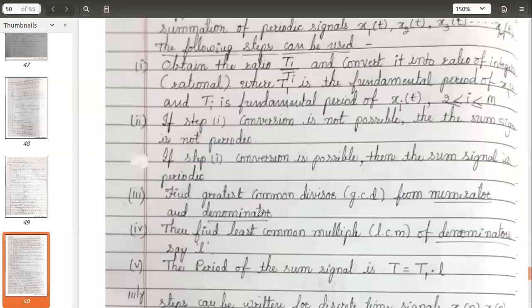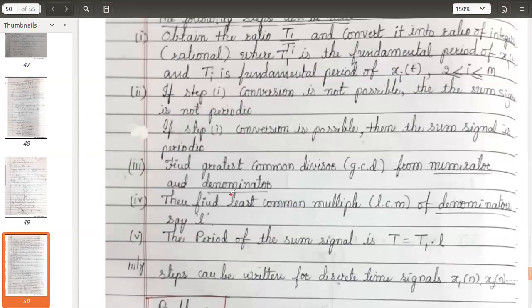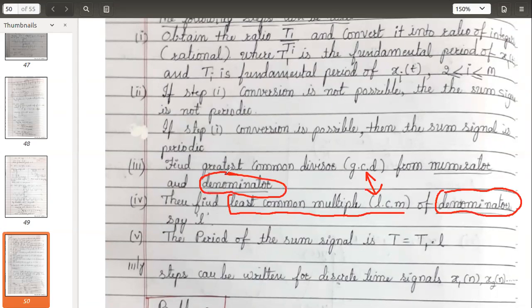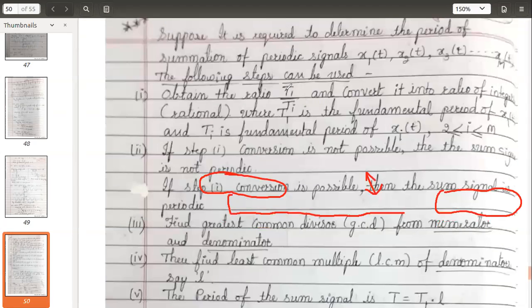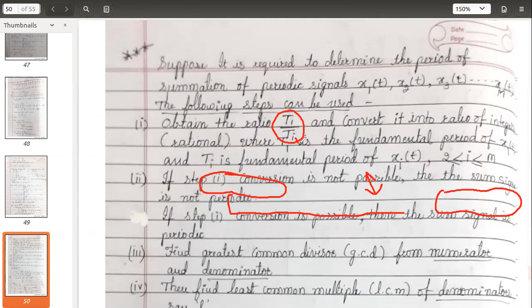After that, what is the fourth step? Fourth step is we need to find the least common multiple, that is LCM. Again, it's a familiar term, both GCD and LCM come in mathematics. You need to find the least common multiple of the denominator. We are more interested in the denominator because the denominator has the variations T2, T3, T4 in the ratio T1 by Ti. This is the variable term, this is constant, so we are more interested in the denominator part.